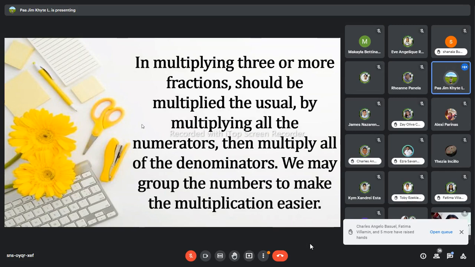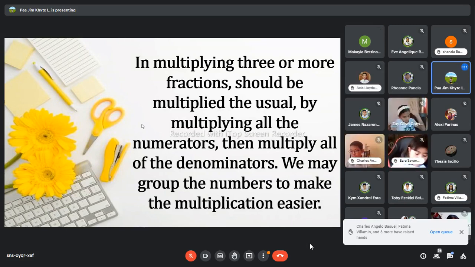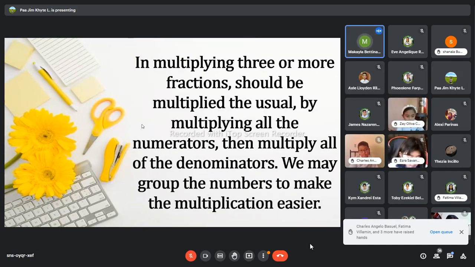Let's try some. Makaila, kindly read. In multiplying three or more fractions, they should be multiplied as usual, by multiplying all the numerators, then multiplying all of the denominators. We may group the numbers to make the multiplication easier. Thank you.